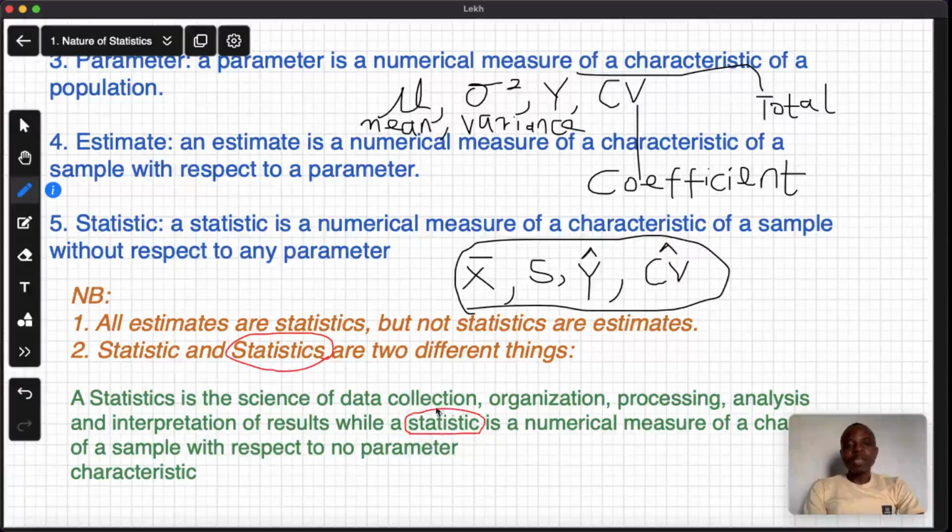When it is pluralized to statistics, it still does not mean the same thing as Statistics with a capital letter. This one is the science of the study.